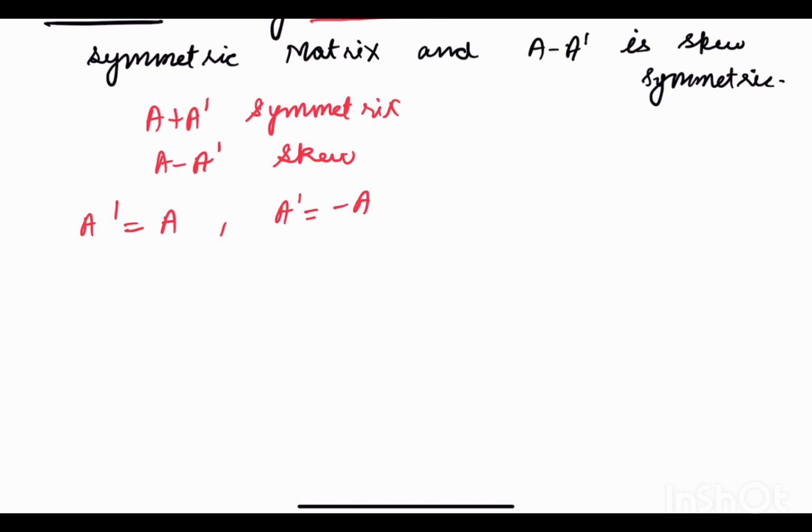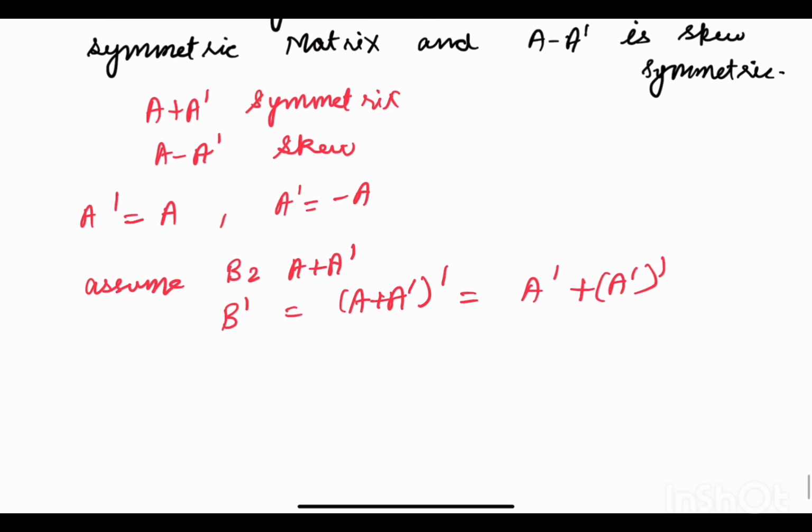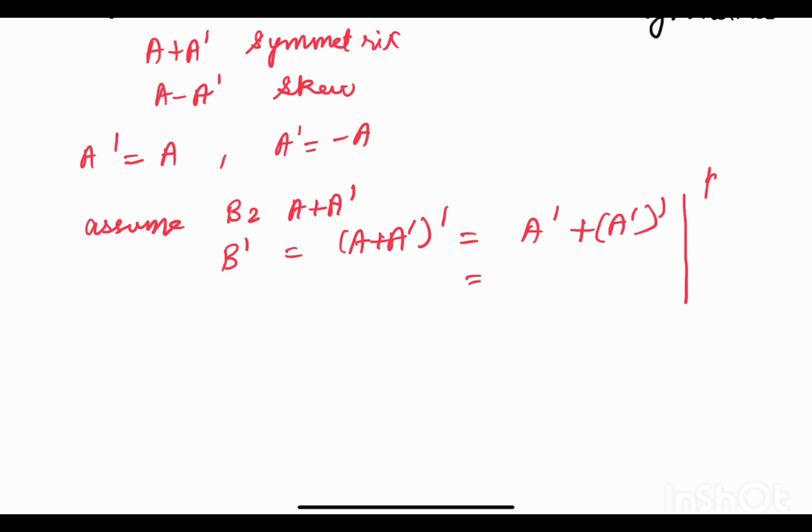So let us just assume that my B is equal to A plus A dash. I will just take the transpose of this. What will it be? A plus A dash, whole dash. So this will be equal to, I will just open my bracket, A dash plus A dash dash, using the property of transpose I have discussed in my previous lecture.